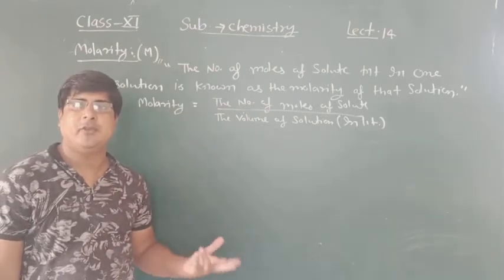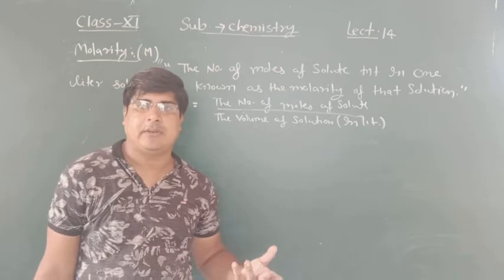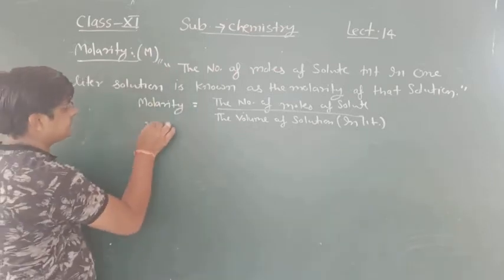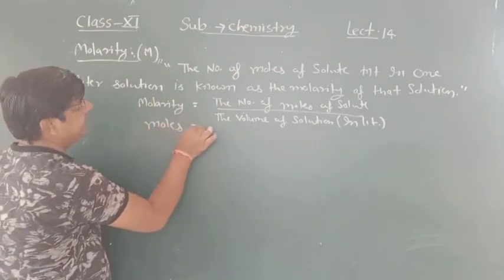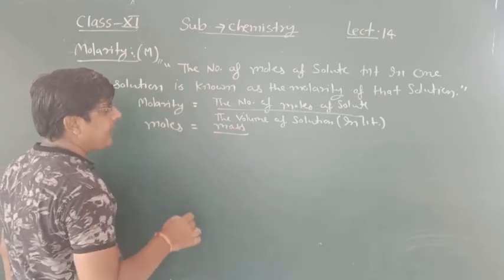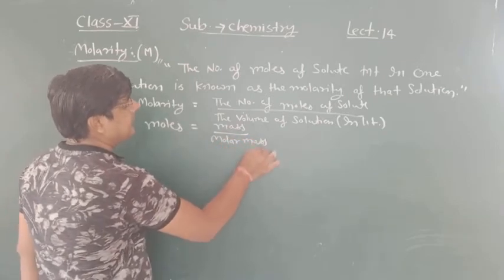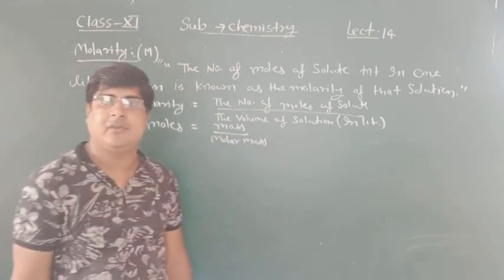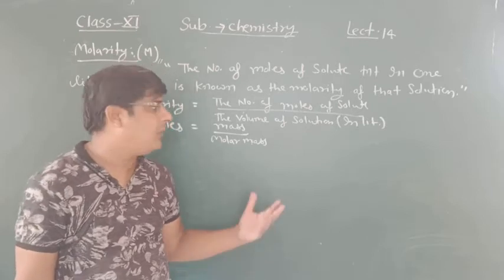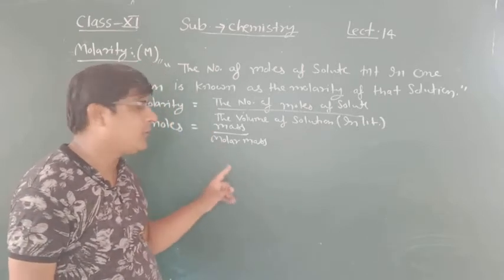And I have already told you the moles. How will you find out the moles? Moles will be mass upon molar mass. So in any question, if the moles are not given, then we will find the moles by this formula, mass upon molar mass.